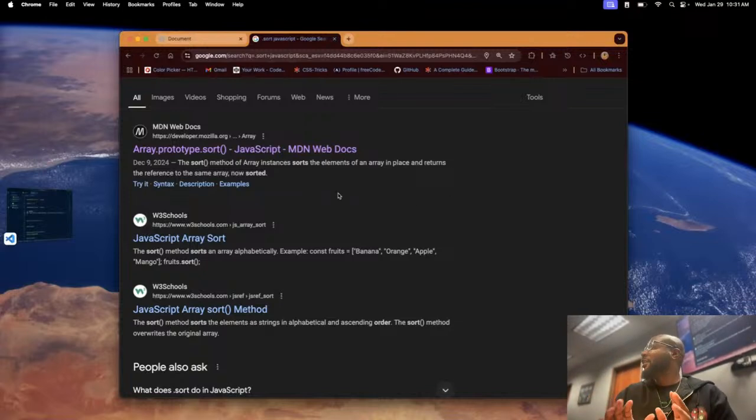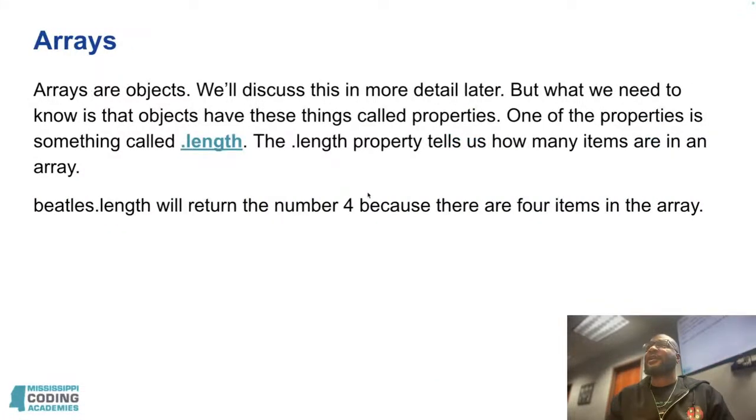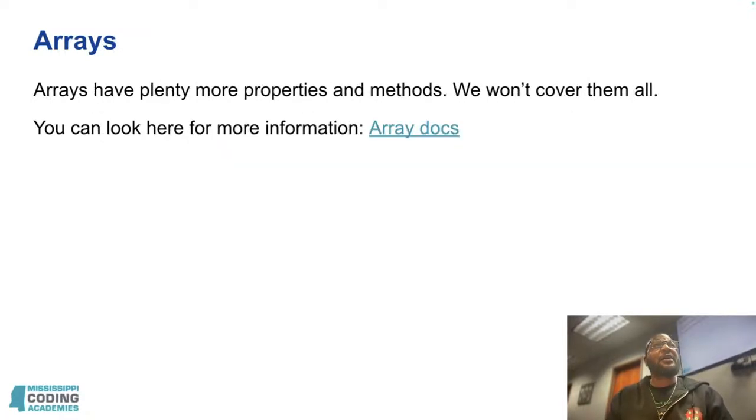so yeah, these are methods, properties, dot length. If I want to find the number of items inside of an array, I could simply use dot length and it'll return that. Also, we looked at push, we looked at pop, shift, and unshift. And you can see here, arrays have plenty more properties and methods.